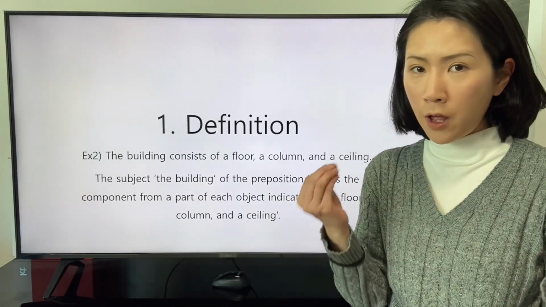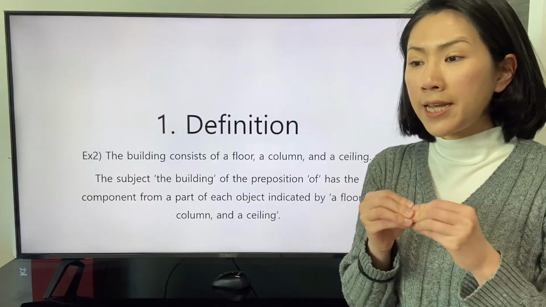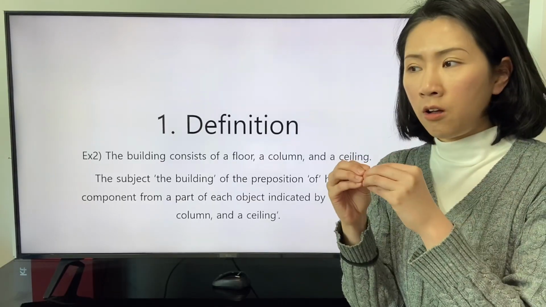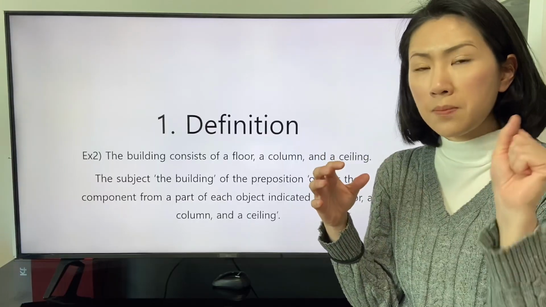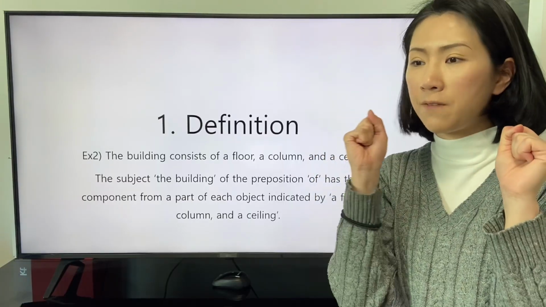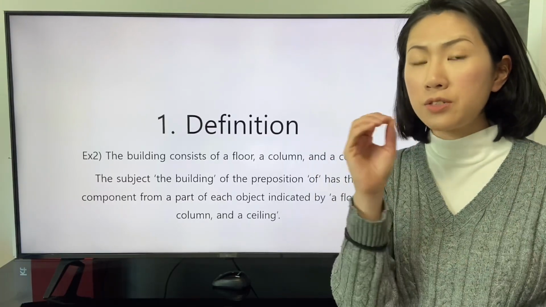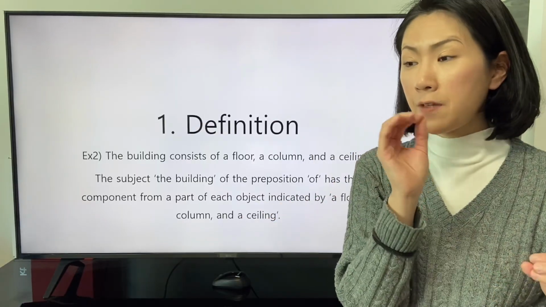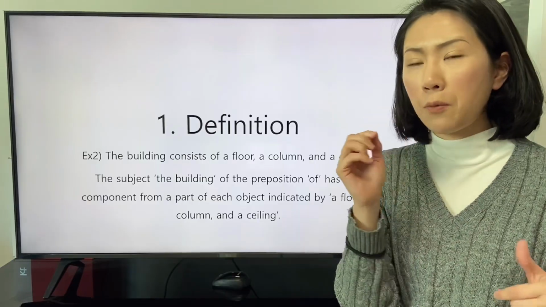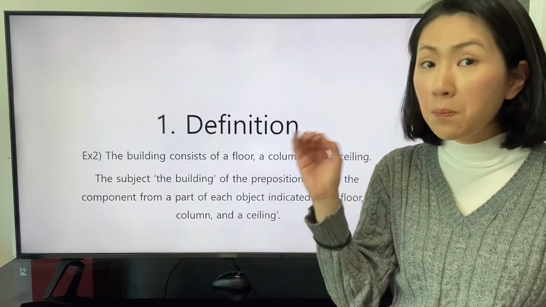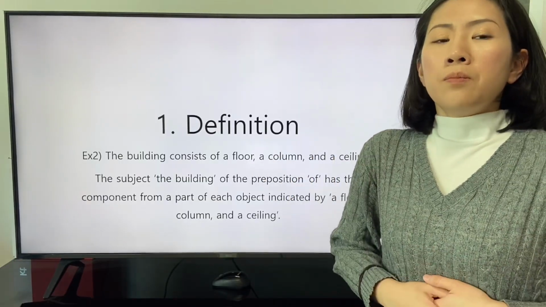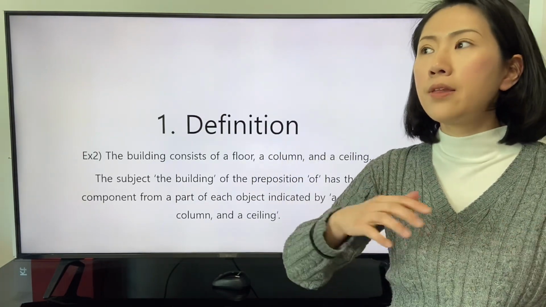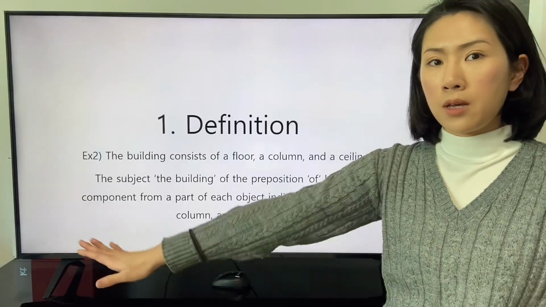The definition of the preposition of mediates a subject that is a part of the object. So the subject of the preposition of and the object of the preposition of share the same trait. The subject of the preposition of is the representative of the object. Then we can think of a floor that is very big.